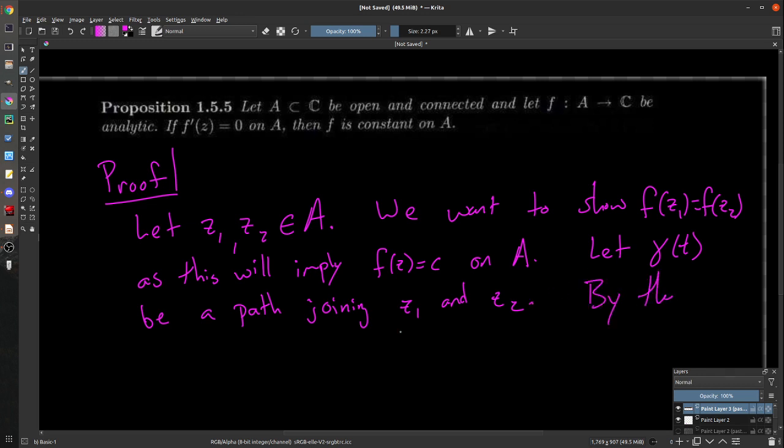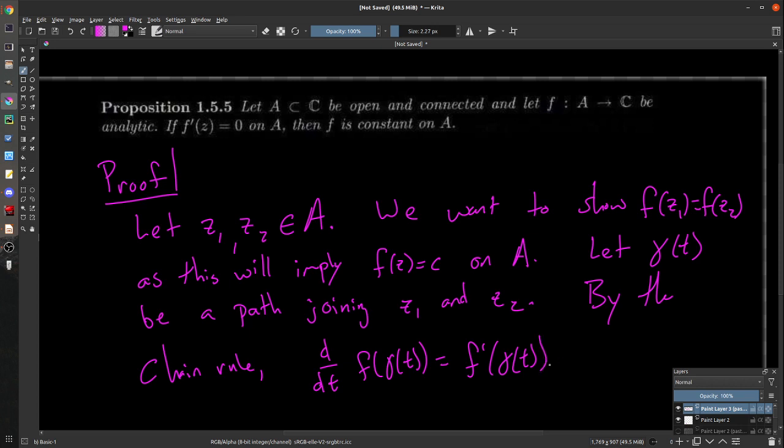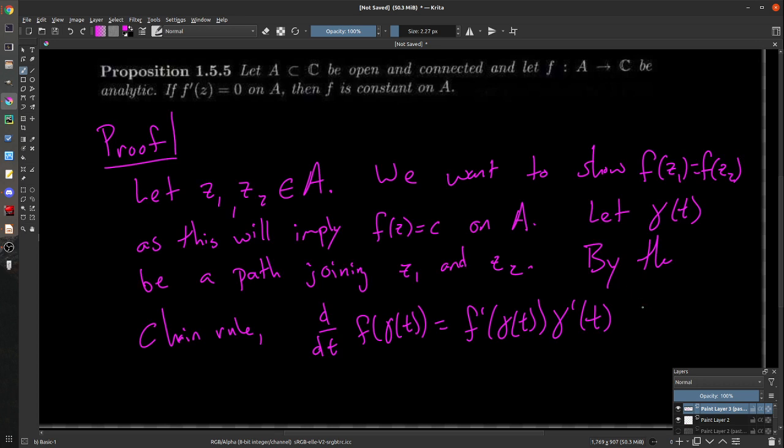By the chain rule, we have that d dt of f of gamma of t is just going to be f prime of gamma of t, and then pull out the inside, gamma prime of t. Now, this will be 0 for all z and a.